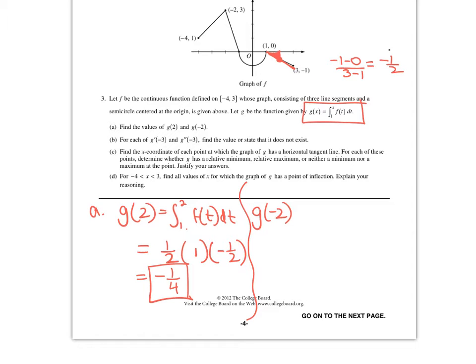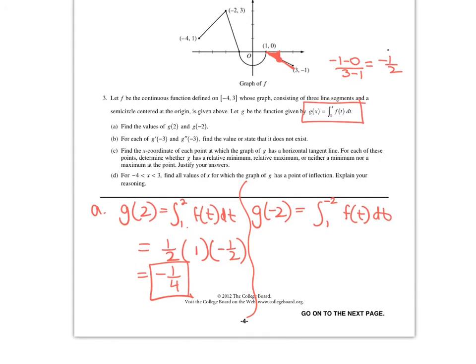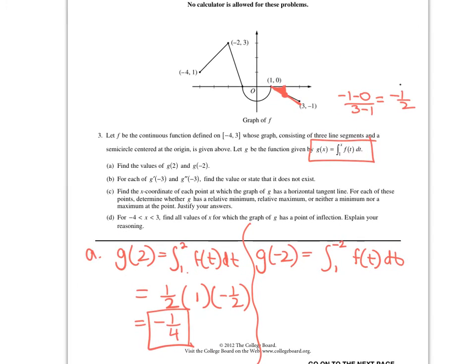So g of -2, that means we're going from 1 to -2 of f of t dt. So let's look at our picture here. 1 to -2. So that's all of that, okay?